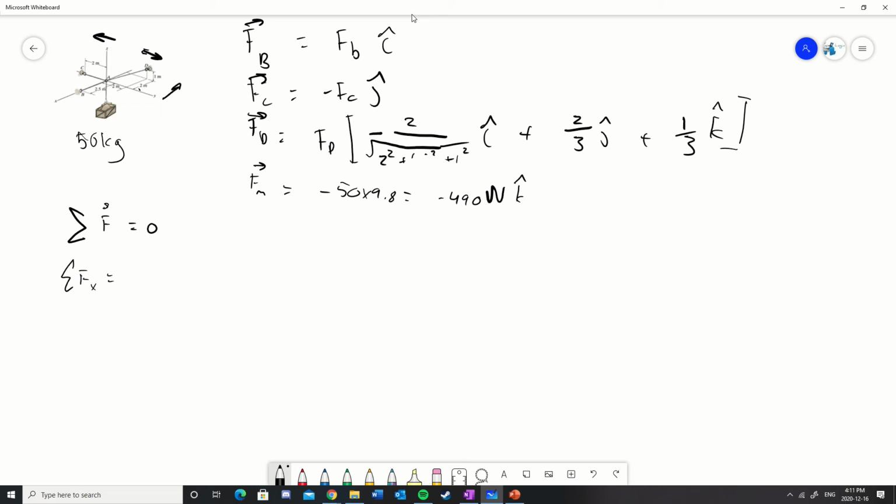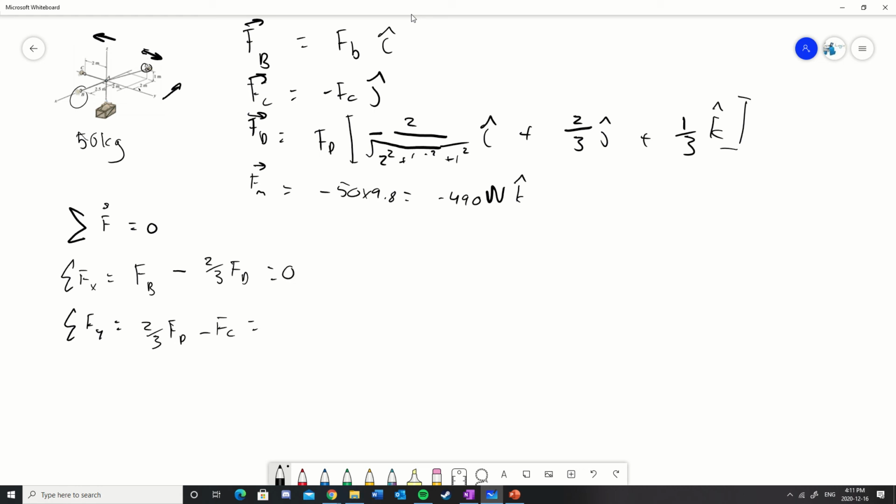So force in x would be modeled by FB up here, subtracting FD. So negative 2/3 FD, because that is what we solved previously as the x component of FD, and we apply that same logic to the rest of the formulas. 2/3 FD minus FC is what we'll use for y.